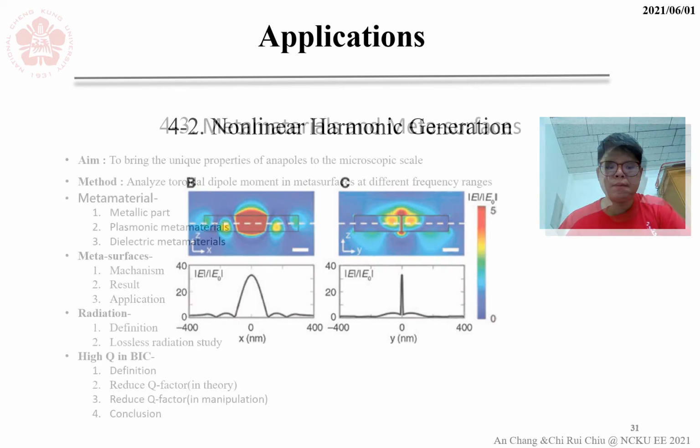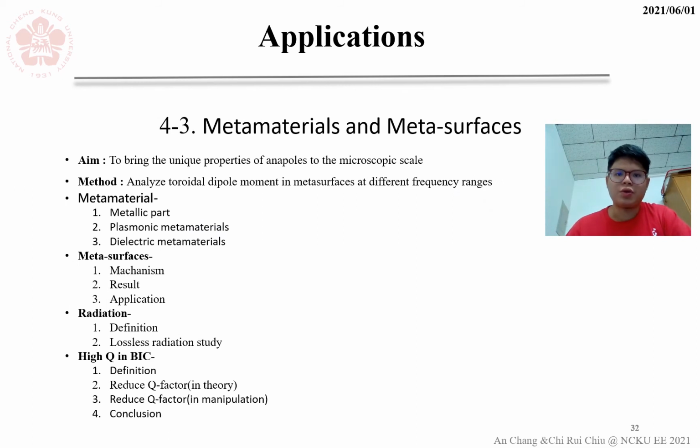peak. Second, I introduce metamaterials and metasurfaces, and my aim is to bring the unique properties of anapoles to the microscopic scale. The method we use is to analyze the toroidal dipole moment in metasurfaces at different frequency ranges, and I put 4 parts.